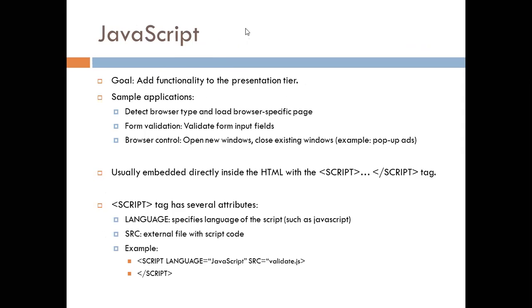Scripting language means it can be embedded anywhere between a host language. JavaScript can be added in between an HTML file using the script tag. Its main goal is to provide some additional functionality on the client side or presentation tier.